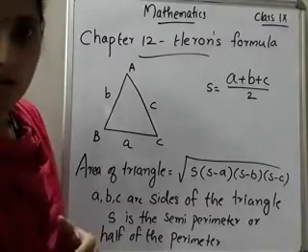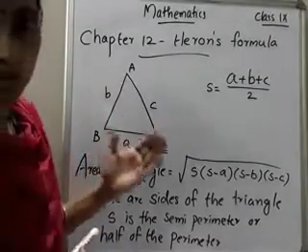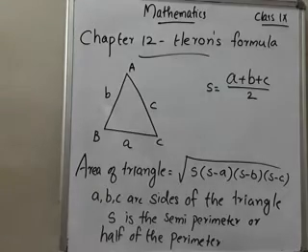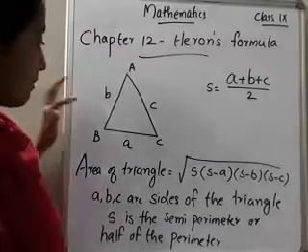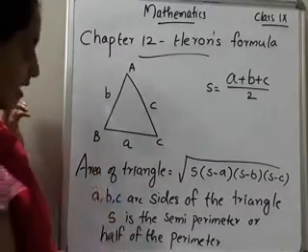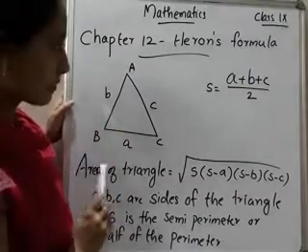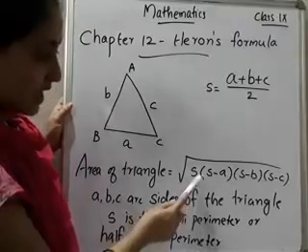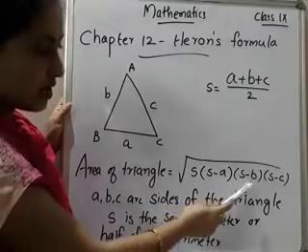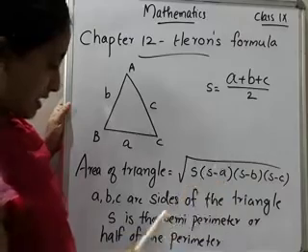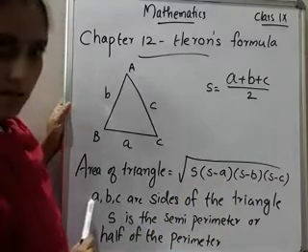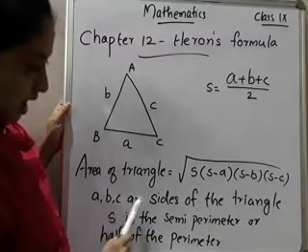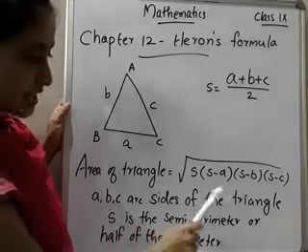Please take your notebook and write down what I wrote on the board. Write down Heron's formula. Draw this triangle ABC and mark the sides A, B and C. Then write down, area of triangle is equal to root of S into S minus A into S minus B into S minus C, where A, B, C are sides of the triangle.